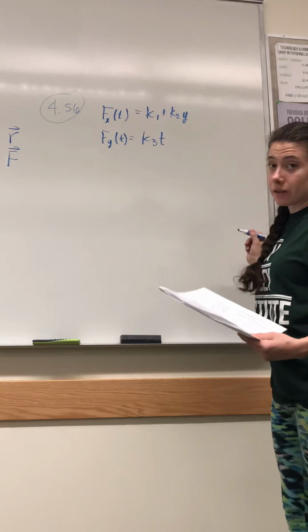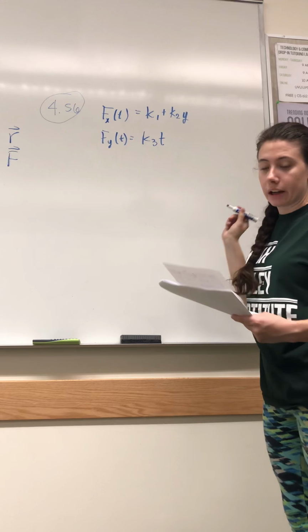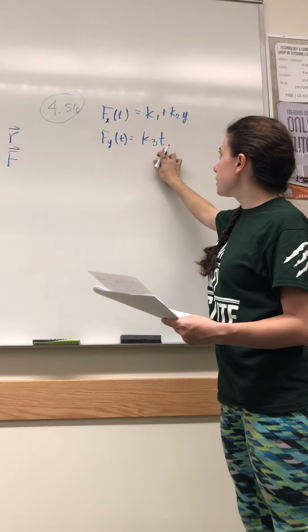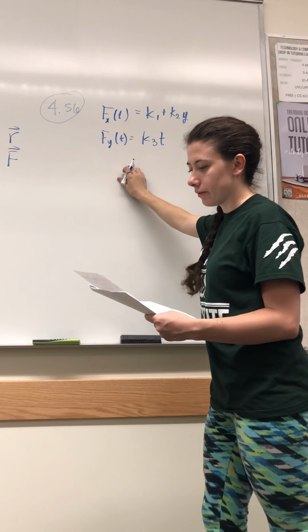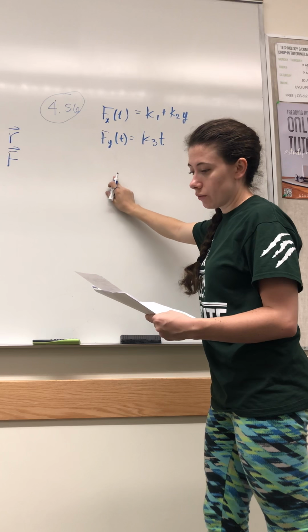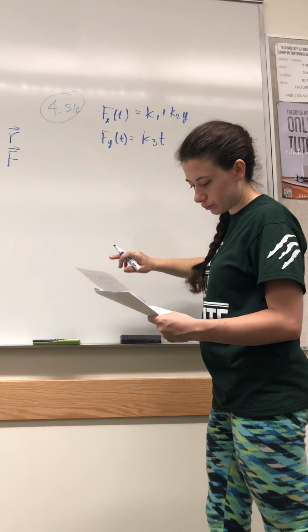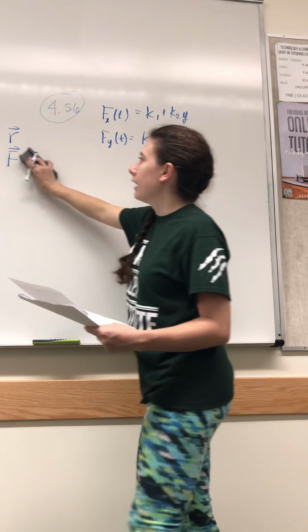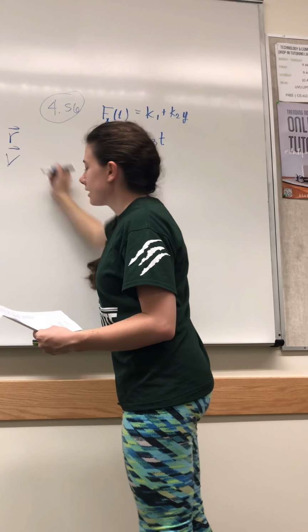So we know we're going to have to do some calculus, and we're going to be taking the integral. Because F_y is already in terms of t, we're going to solve for y first. This is what you do. Not the force, we're going to find the velocity.